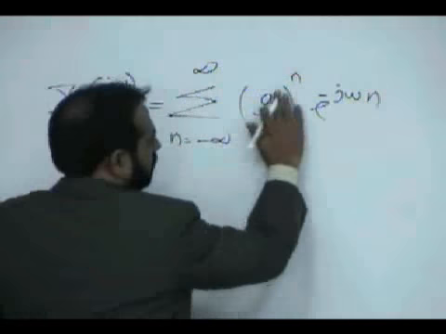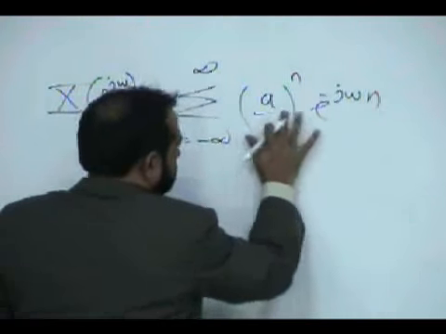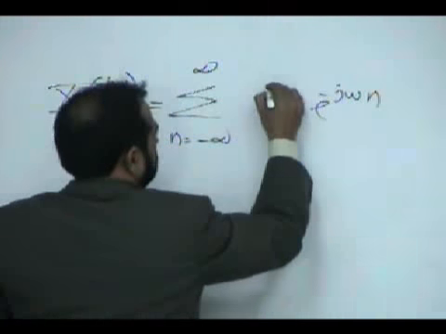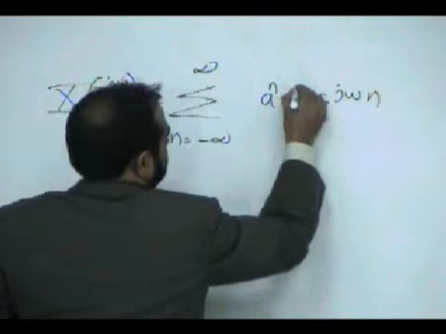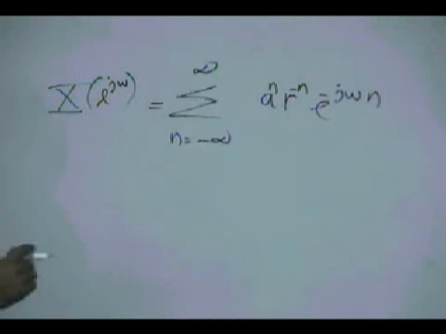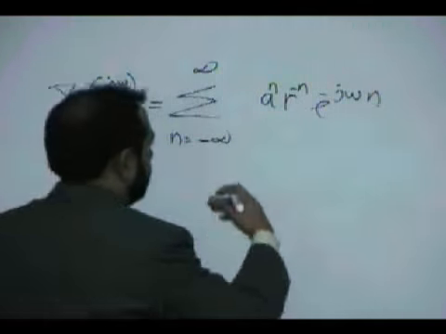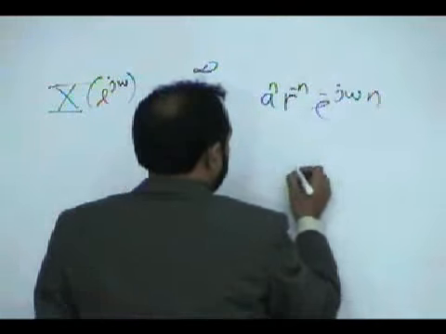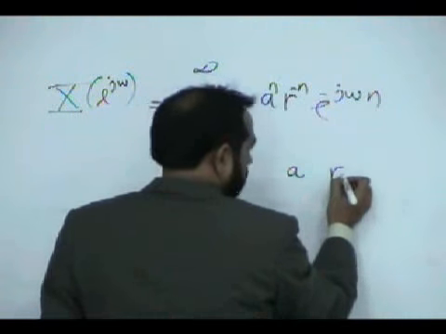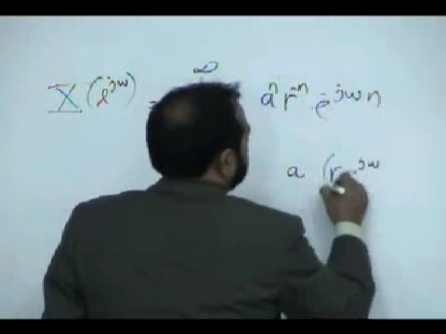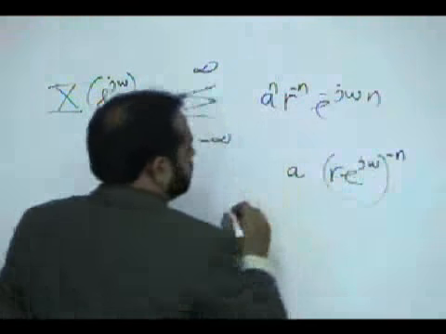Because it was divided by r raised to the power n, you bring it up and put it with an exponential, so I put r exponential j omega, to the power minus n.